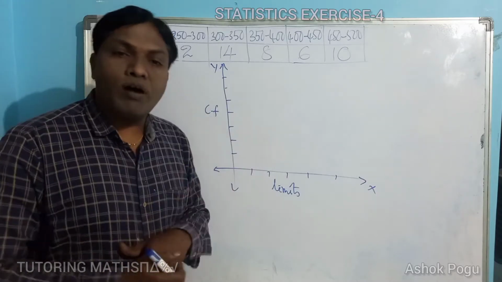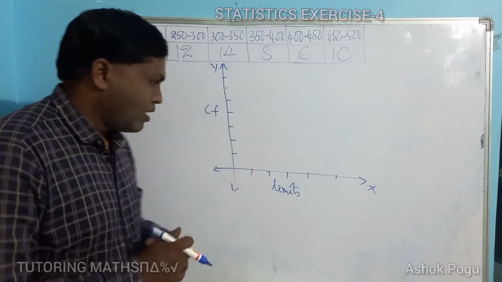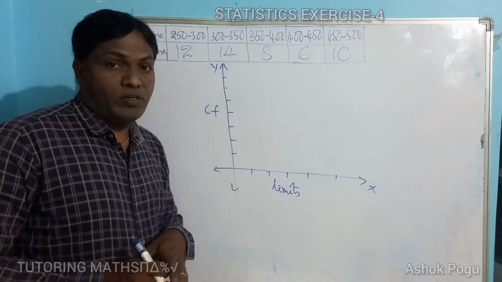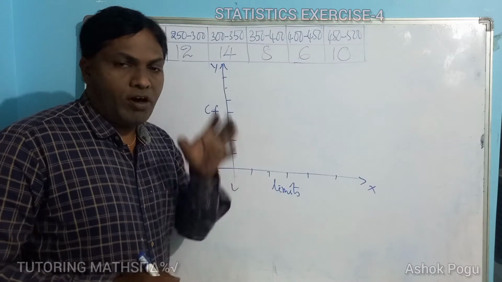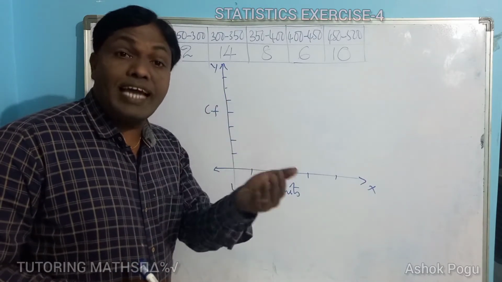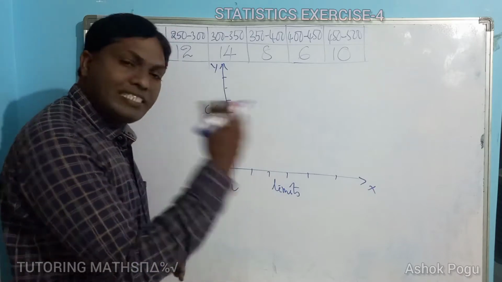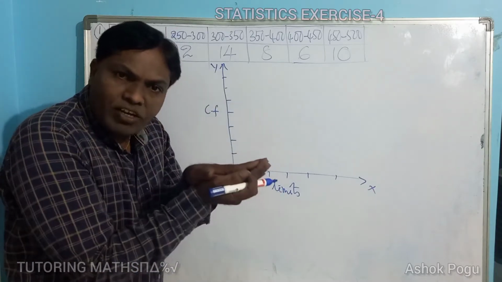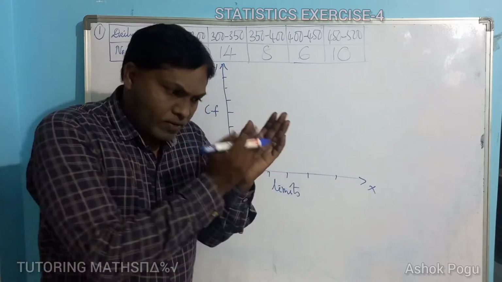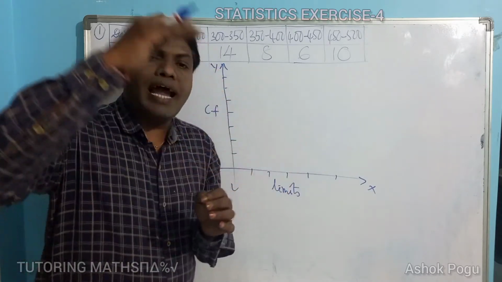What would be the shape of the ogive curve? Let us see. In the ogive curve, first we start with the less than cumulative frequency curve. In the less than cumulative frequency curve, we start with the first value and go on adding the results.